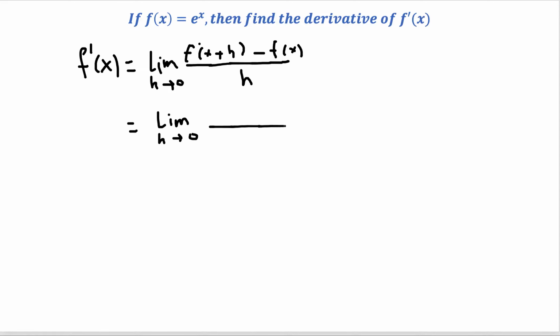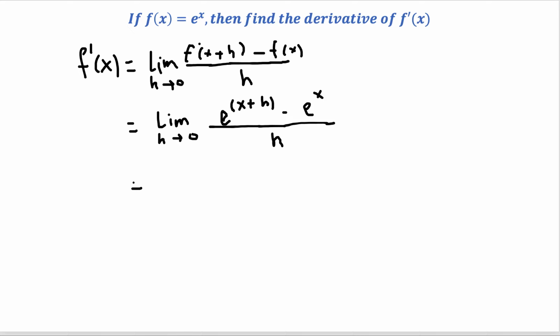and now we have e, this is f of x to us, and instead of the argument we are plugging in x plus h, minus e to the power x, everything here divided by h.